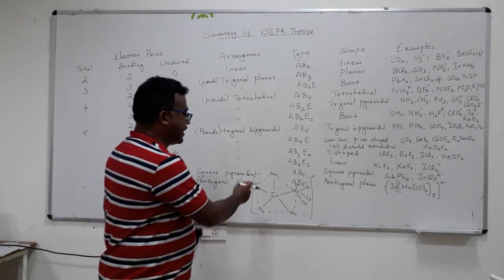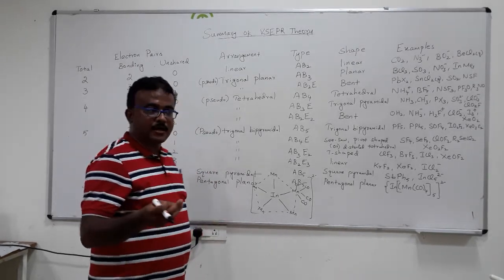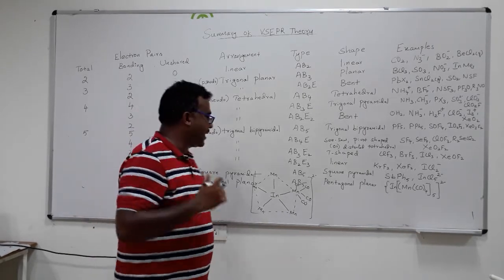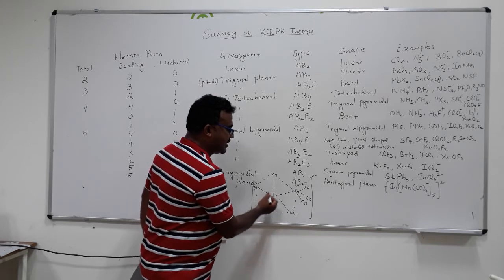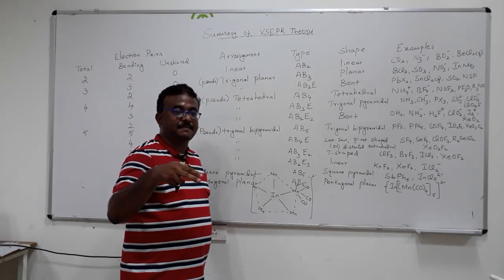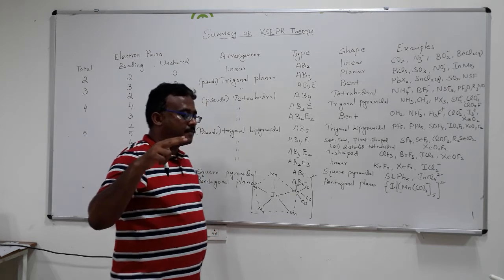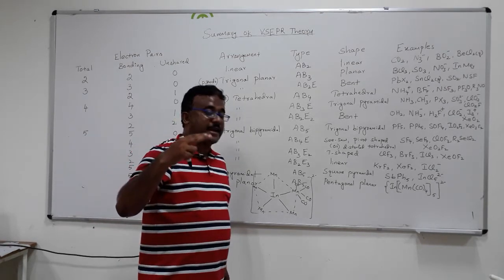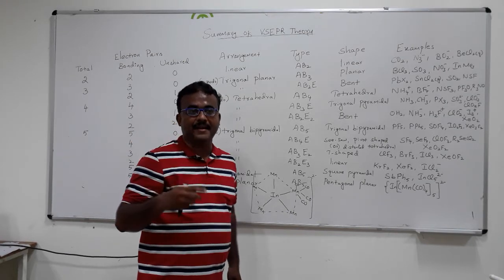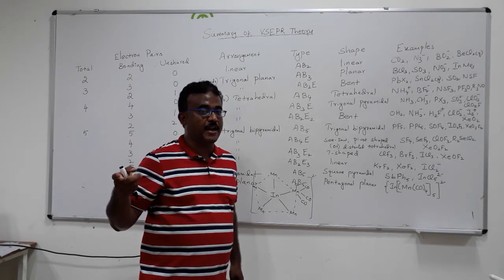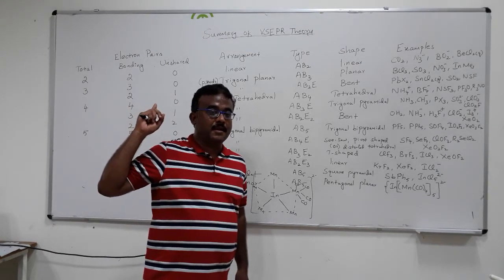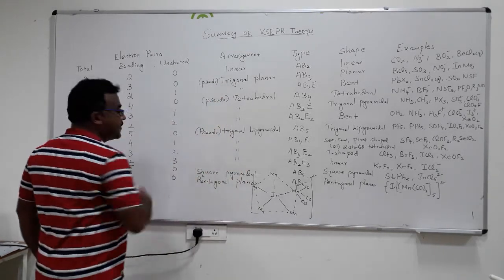Because when we go to 7 coordination, a 7 electron pair system, the central atom has 2 lone pairs occupying the axial positions in the pentagonal bipyramidal, which gives pentagonal planar geometry, but that comes under the total electron pair system of 7.